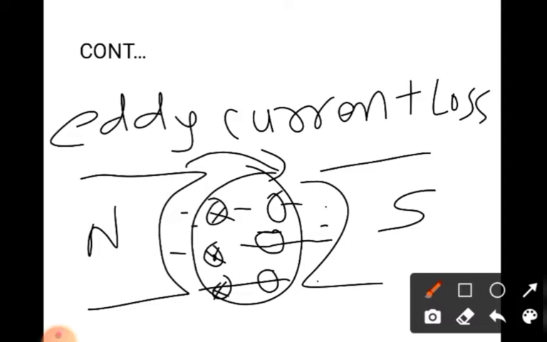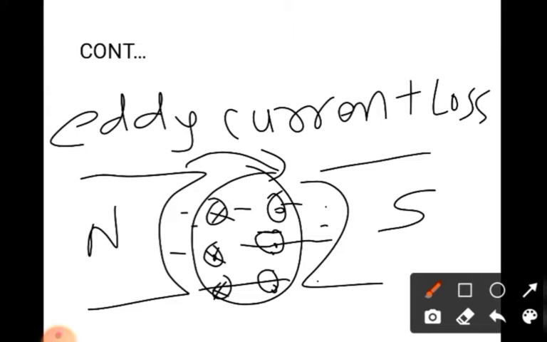Therefore, current starts flowing through the conductor. There is no alternative path for current flow. Therefore, this current continuously flows in the armature, conductor and core. Due to this, I square R loss takes place, and this loss is called eddy current loss.